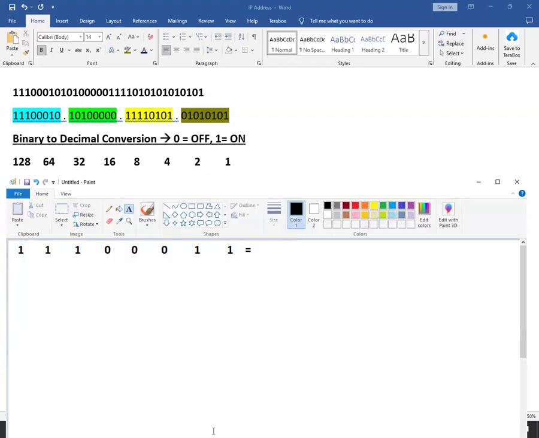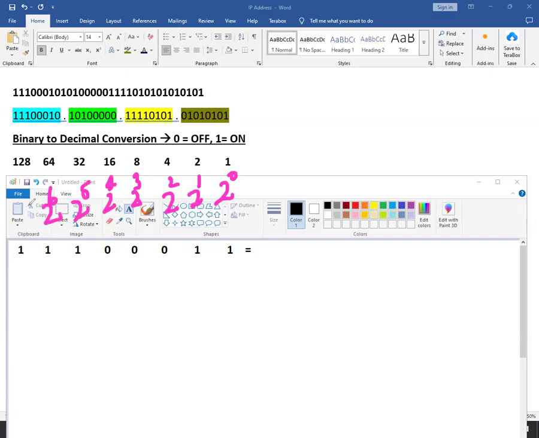My friend, whenever you do the conversion from binary to decimal, we need to follow a particular formula: 2 power 0, 2 power 1, 2 power 2, 2 power 3, 2 power 4, 2 power 5, 2 power 6, 2 power 7. This is the formula we need to follow. The base is 2. Why are we taking base as 2? Why not 10 power 0, 10 power 1, 10 power 2?